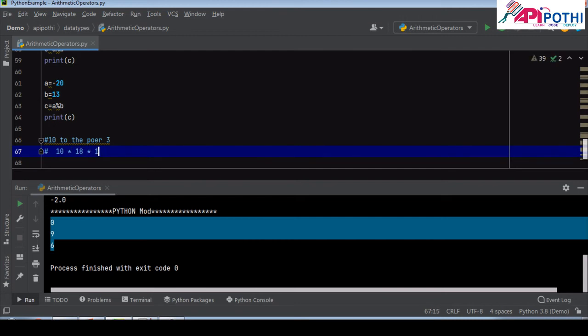In a similar way, A double star B means A into A into A, B times, right?